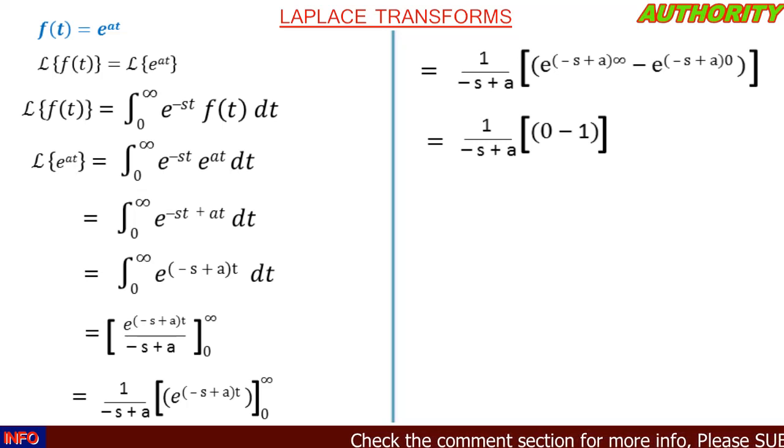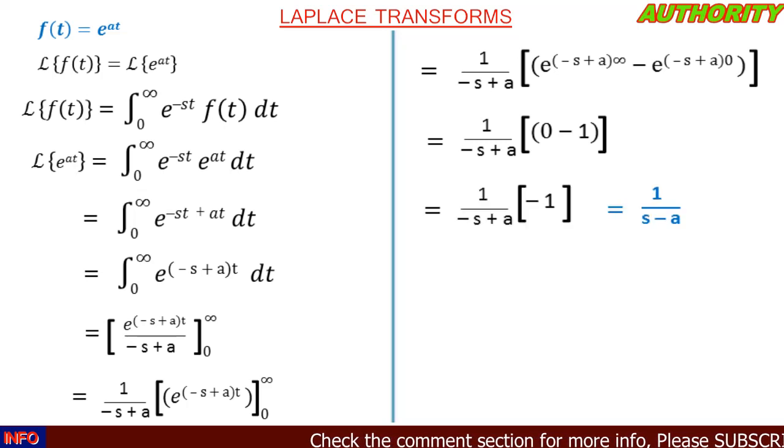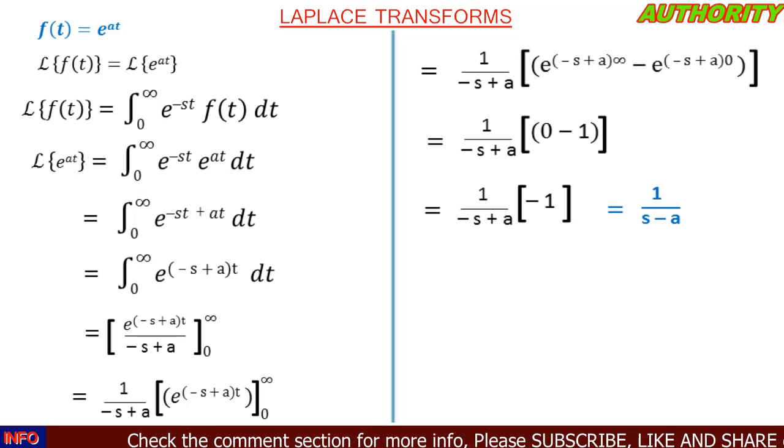Here we have 0 minus 1, which is going to give us minus 1. Then minus 1 times 1 all over minus (s plus a) is going to give us 1 all over s minus a.